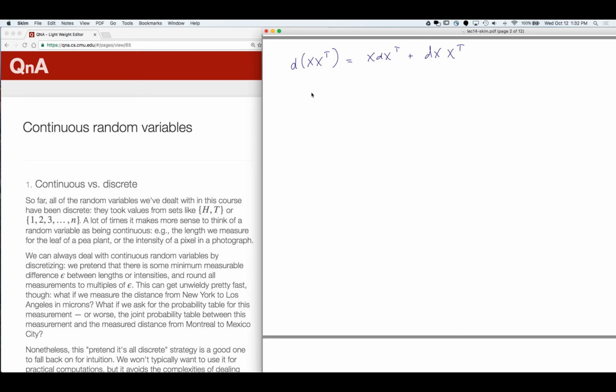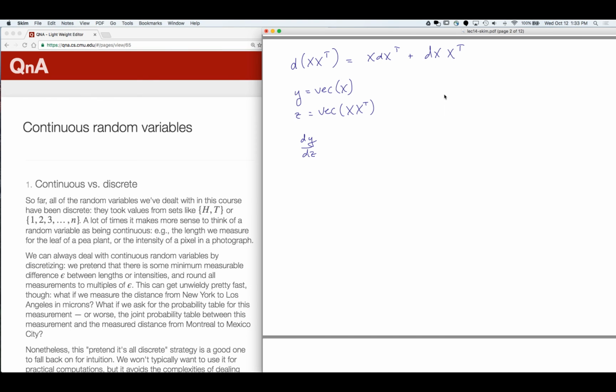If we wanted to write the derivative of this expression in traditional notation, we could set y equal to vec of x, and z equal to vec of x transpose. Vec is the operator that takes a matrix and strings all of its elements out into one big column vector. And then we'd have to ask what is dy by dz.